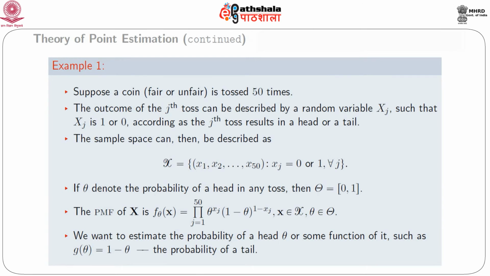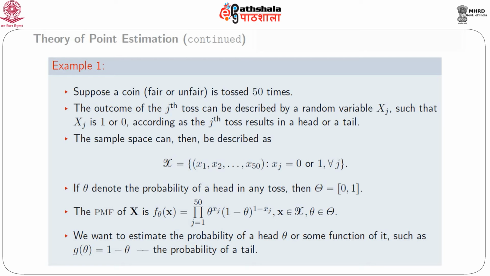Now we consider some examples. Example 1. Suppose a coin, which may be fair or unfair, is tossed 50 times. The outcome of the jth toss can be described by a random variable Xj such that Xj is 1 or 0 according as the jth toss results in a head or a tail.